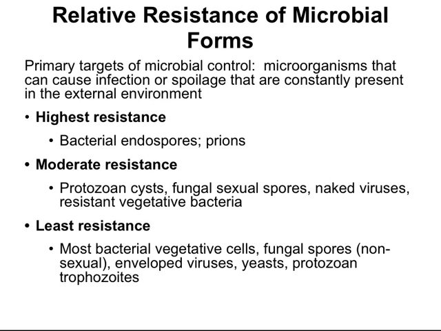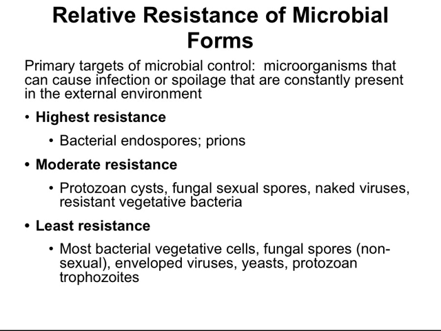In this discussion, we're going to stick to non-prion sterilization, with bacterial endospores being the toughest or the most resistant microbes to our control agents. Those in moderate resistance are things like protozoan cysts, of which we've seen a few so far, some fungal sexual spores, naked viruses, and resistant vegetative bacteria.